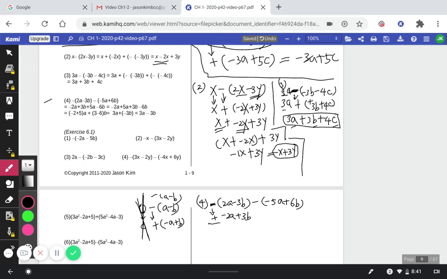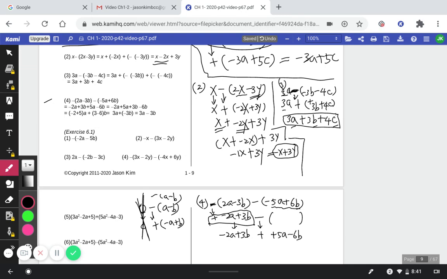Now, assuming this is the first term minus the quantity of the second term, you keep this as it is. So you keep negative 2a plus 3b, and minus becomes plus, and change everything inside, which becomes positive 5a minus 6b.